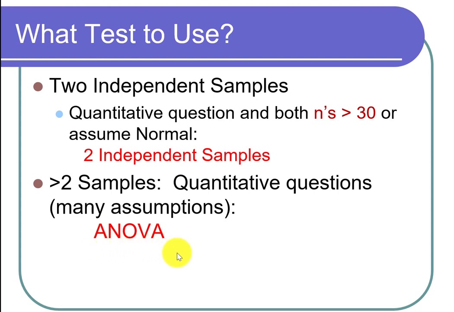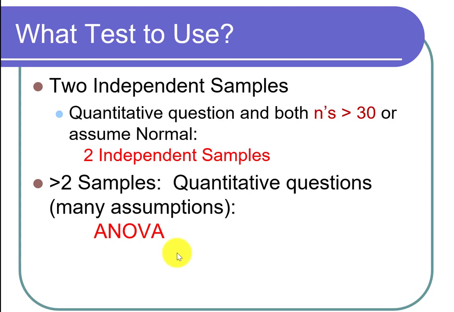So again, the most important thing in this entire course is to be able to look at the research you're going to do, or the question that's being asked, and know whether you're going to do a confidence interval or a hypothesis test. Then, which type are you going to have to do?